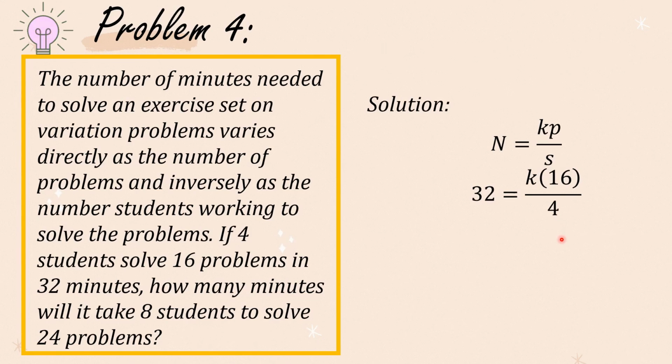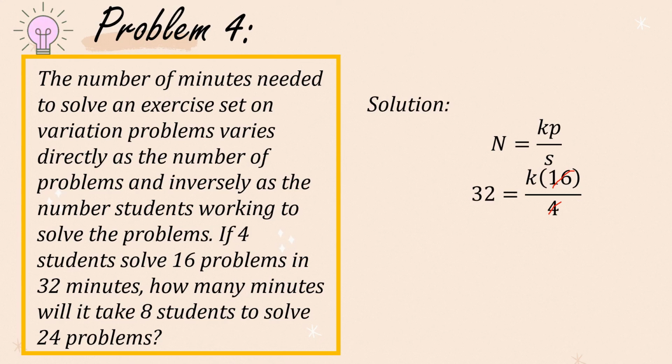So, the next thing that we need to do here is we have to do cancellation for us to have an easy solution. Pwede naman kasi natin i-cancel si 16 and si 4. Paano natin siya maka-cancel? Pwede nating parehong i-divide si 16 at si 4 ng number 4. So, gawin nga natin yun.